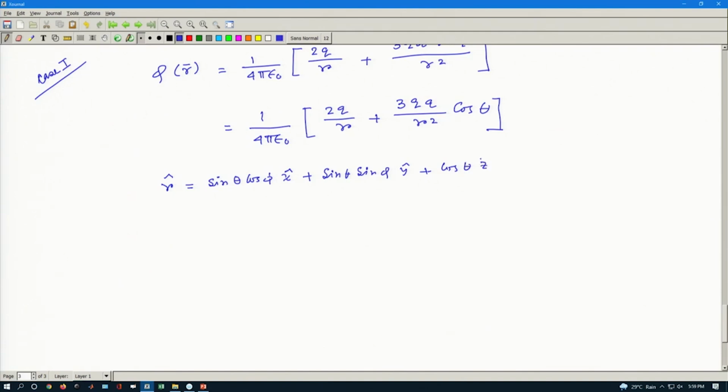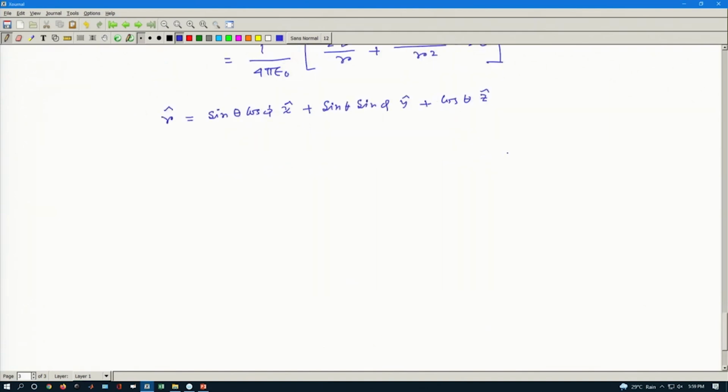Why is it so? Because you need to consider the coordinate system. You can see that this value is x, this value is y, and this value is z.